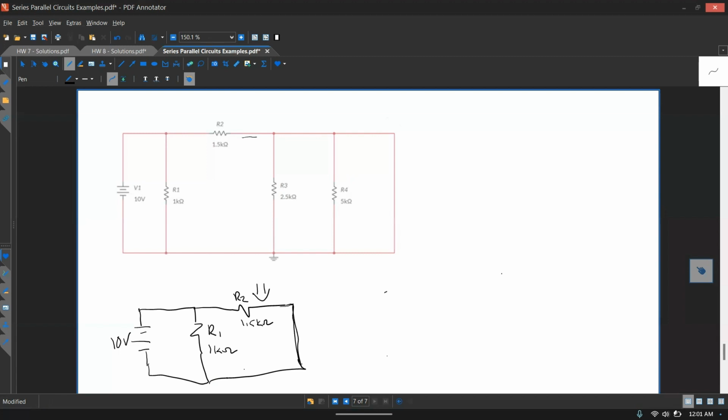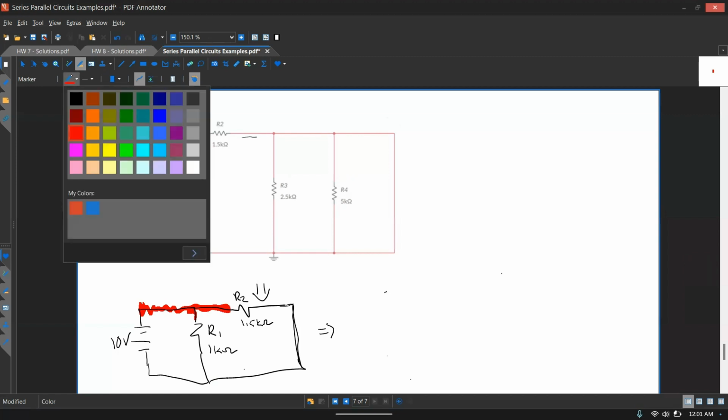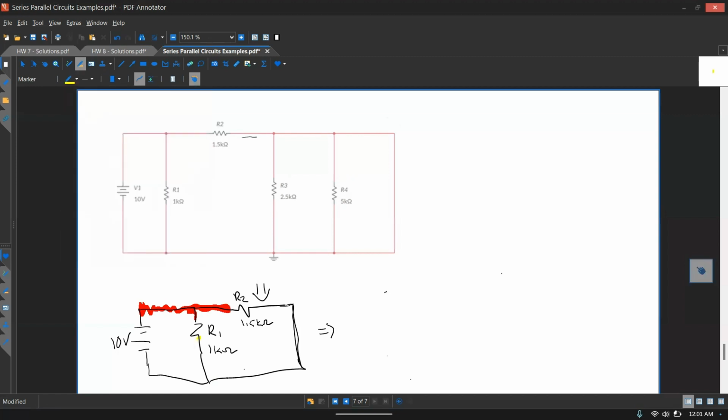And so if we're looking for R total, well, let's look at this circuit right here first. All right, so R1 and R2, are they in series or parallel? Well, they're sharing the same two nodes, which we can see from our highlighted method.